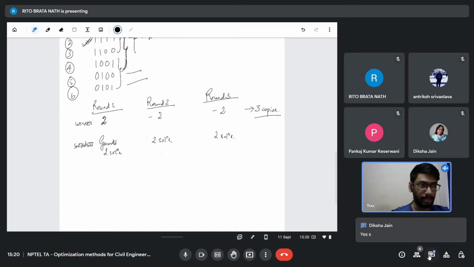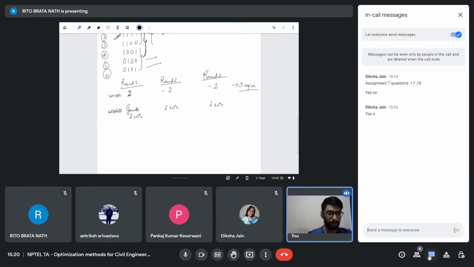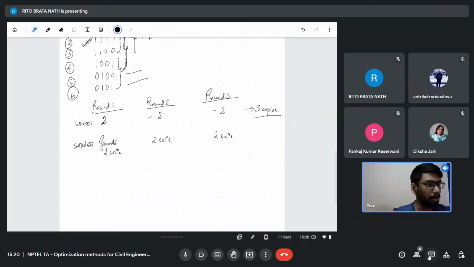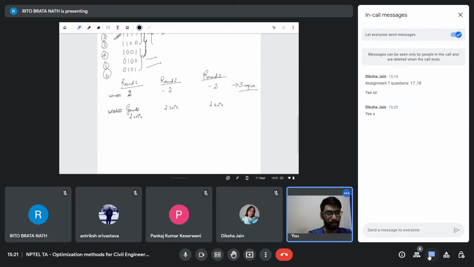Okay, this is the 17th question. What is the 18th one? Is it related to that mutation, like some mutated bit of the string that is asked? Is it that one, or is it something different? Can you just confirm?